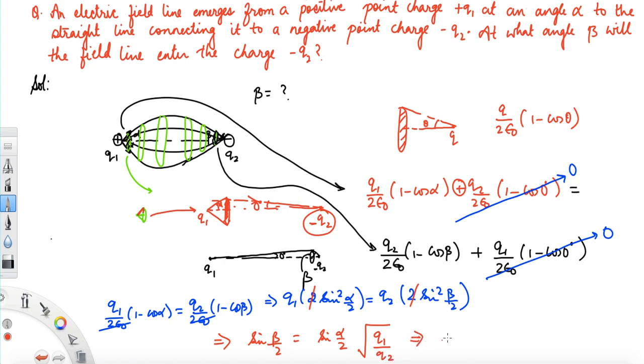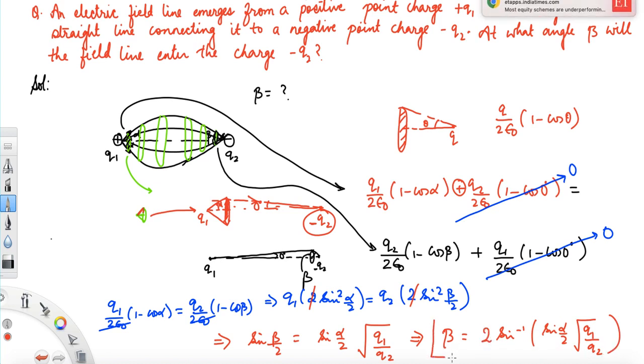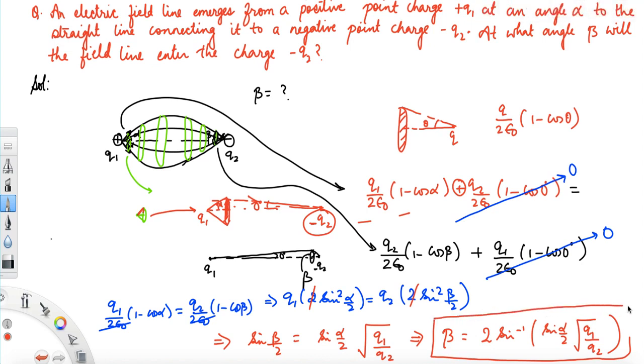From here we can also find beta is equal to 2 times inverse sine of sine alpha over 2 root q1 over q2, and since it is beta by 2 we have this 2 here, and this is the final answer. Hope you understand it. Thank you very much.